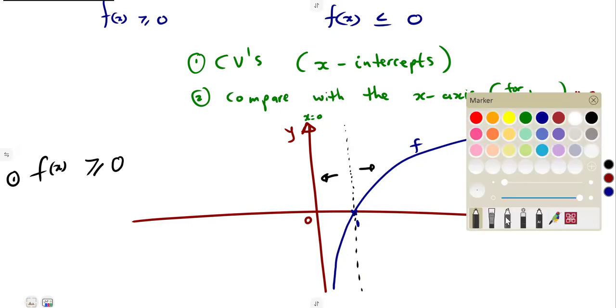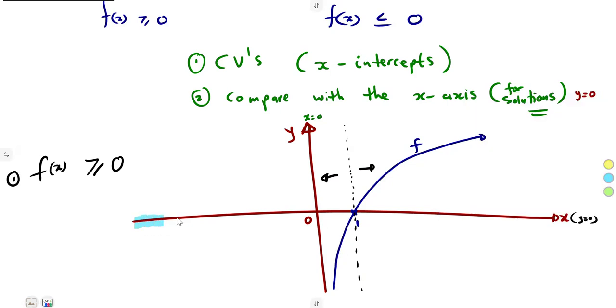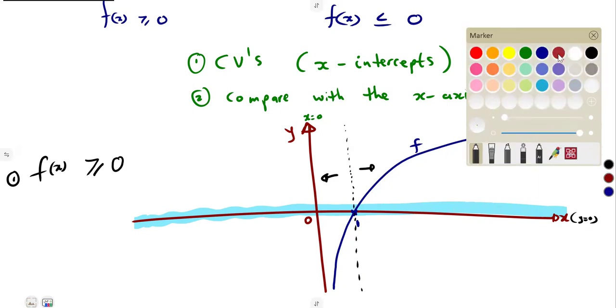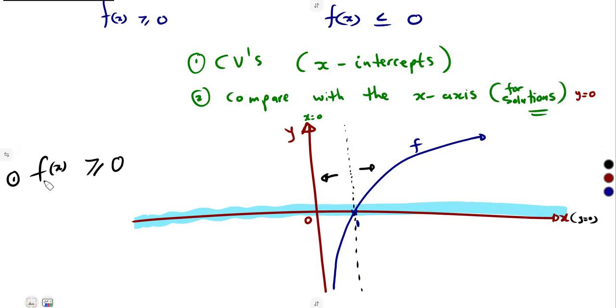This is our x-axis, remember? Going this side, it is below. The graph here is below the x-axis. This is not what we want. We need a condition where f of x is positive.